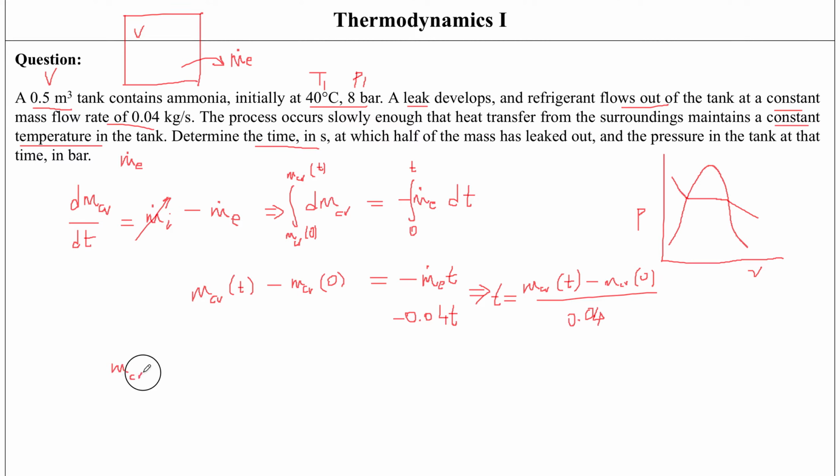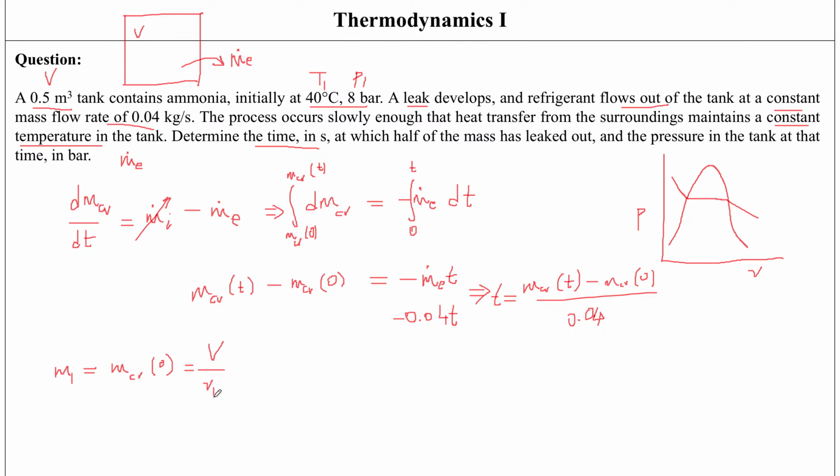So the mass at time 0 is our initial mass, so mass at 1. And I can find this out because I've got the volume given to me, and I've got initial conditions given to me at state 1. So from the relationship of specific volume and volume, mass is equal to volume divided by specific volume at that state.